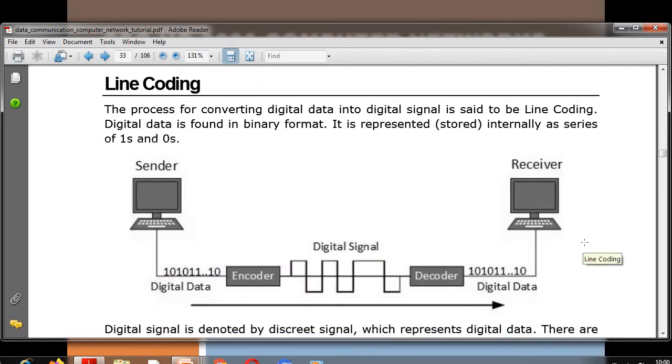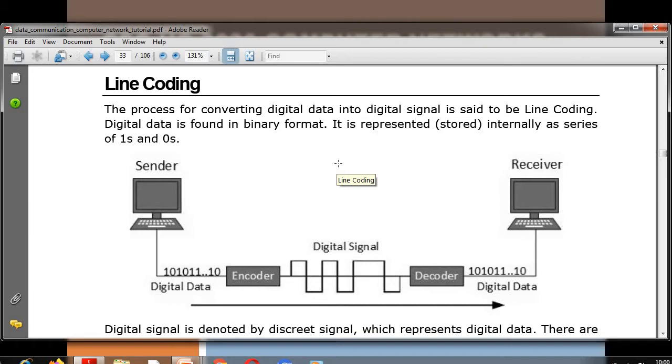If you see the process of line coding, the process of converting digital data into digital signal is said to be line coding. Digital data is found in binary format, 0 and 1.